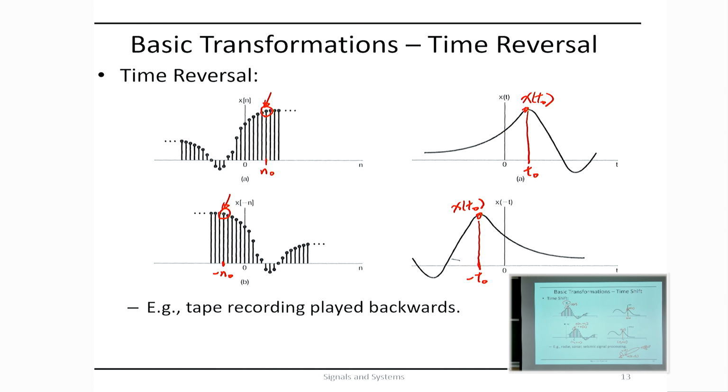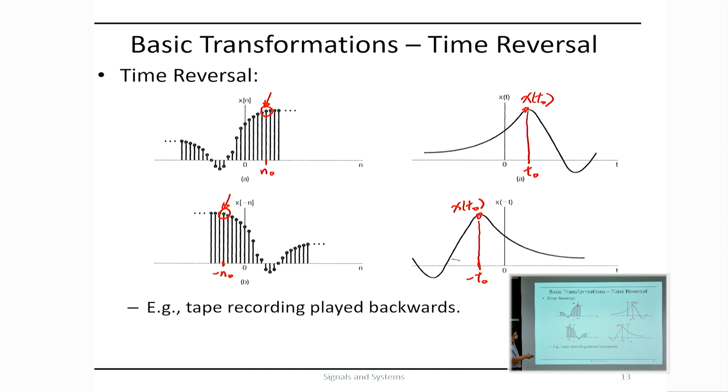Now the second kind is time reversal. Time reversal simply refers to the reflection of the signal about the origin. Mathematically, if the original signal is x of n, then the time reversal is expressed as x of minus n. This is a reflection because the signal that you observe originally at time n naught, after time reversal, now appears at time minus n naught. And you can also double check this.